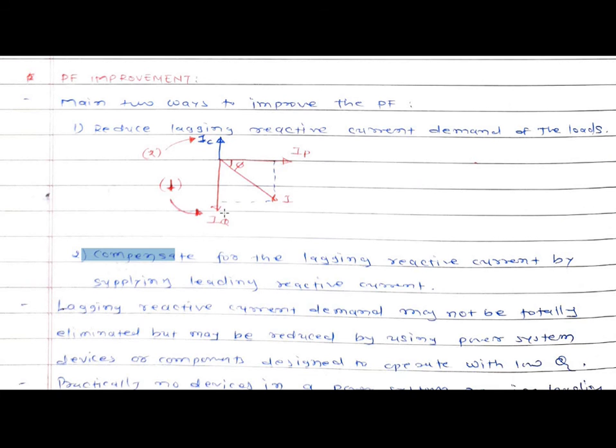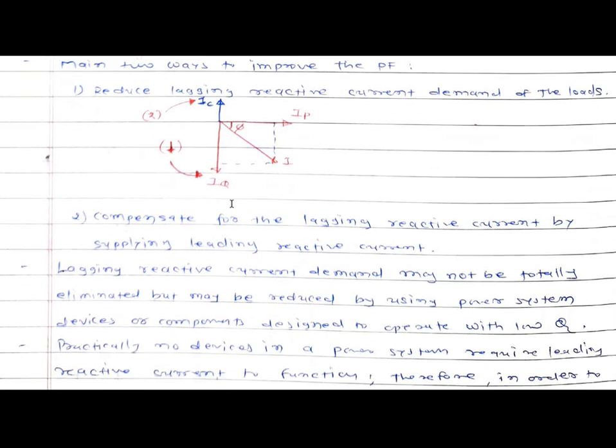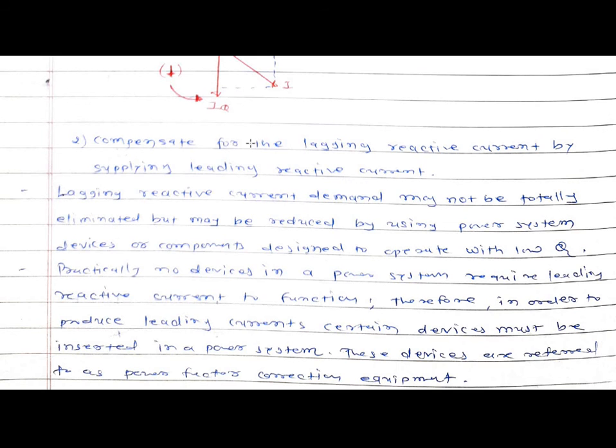Due to this, we will reduce the reactive current component, and by this we will minimize the power factor angle, and from this we will get a higher or improved power factor. So we compensate for the lagging reactive current by supplying leading reactive current.